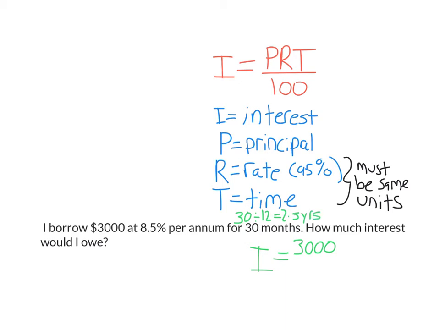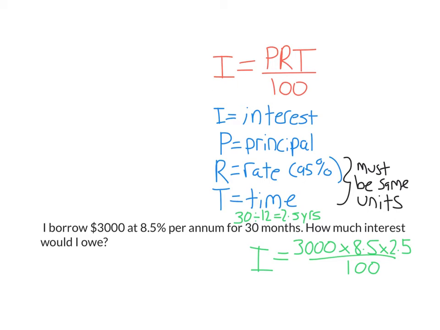So when I'm using the formula, I go I equals P times R, but T is 2.5. So I'm doing PRT over 100. So again, T is 2.5 because it's years, and the rate was in years. So that's what I mean about R and T needing to be in the same unit. This is now in years, this is in years, and you can put it straight in your calculator.